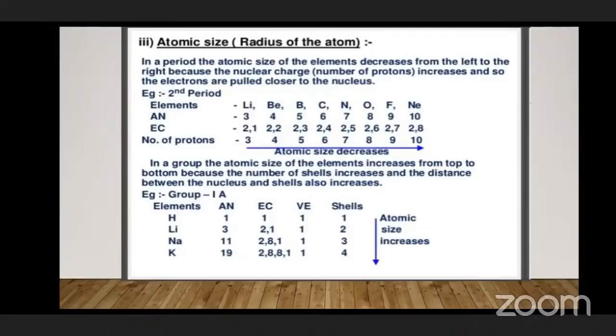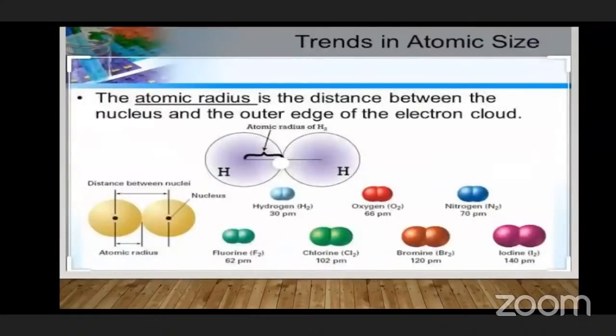Because of that reason, what will happen? The shell is completely pulled towards the nucleus. Because of this pulling, the shell comes somewhat closer towards the nucleus, and the electron cloud comes more towards the nucleus. See here, if the hydrogen nucleus is here, the electron cloud is generally present here.